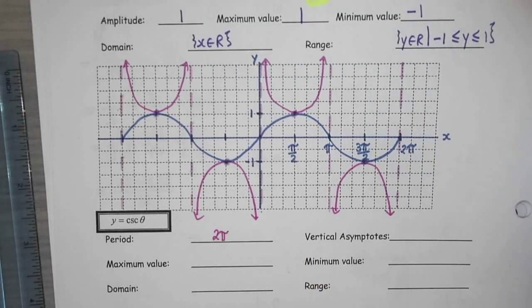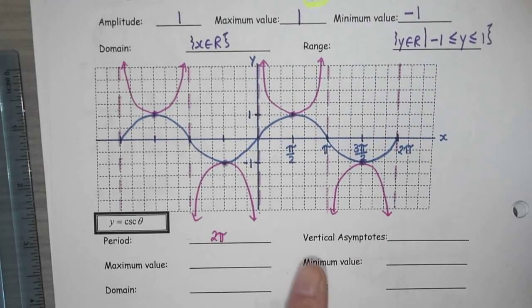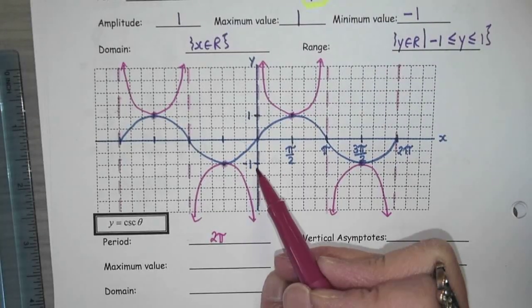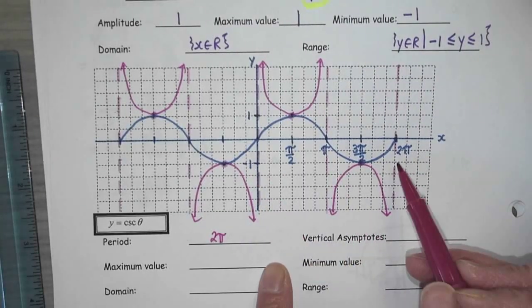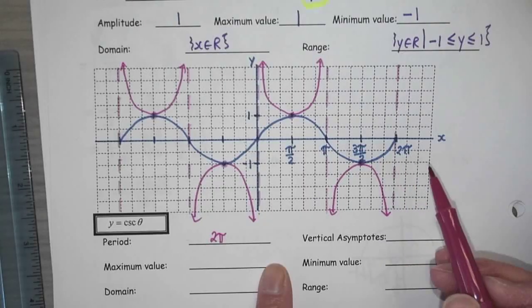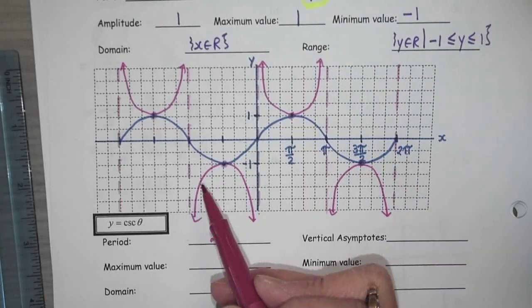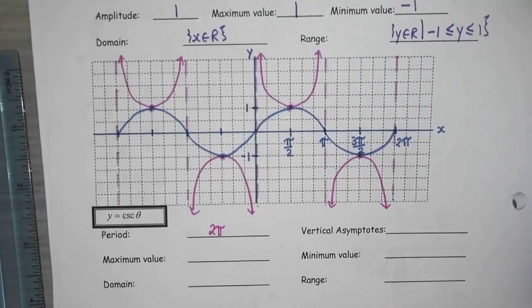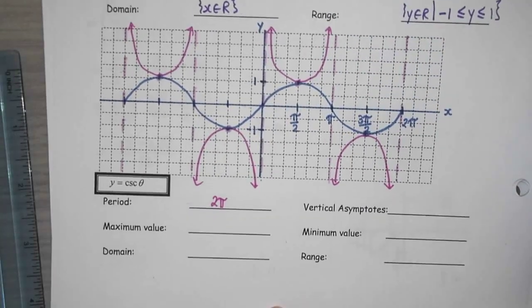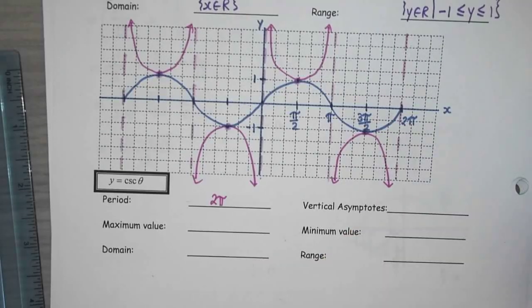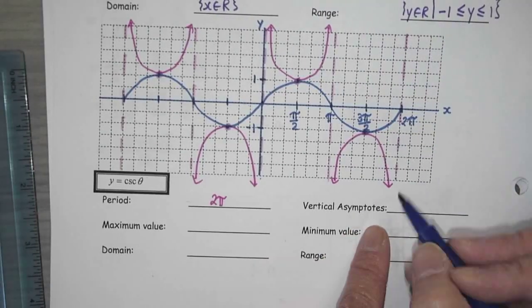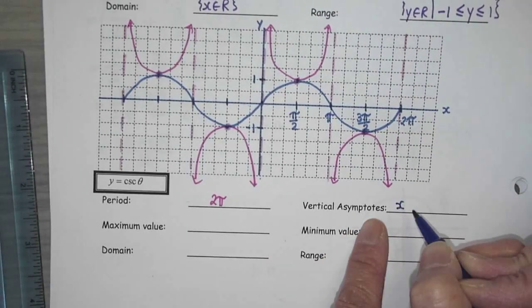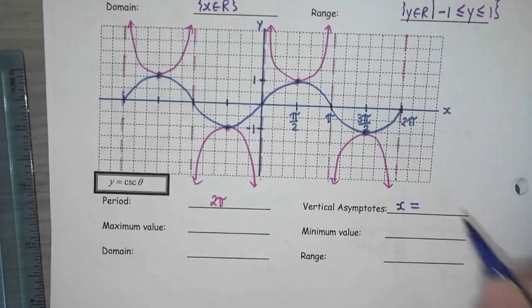Okay. Vertical asymptotes, where do I find them? I find the vertical asymptote at 0, pi, 2 pi. What would it be next? 3 pi, 4 pi. You see the pattern? Negative pi, so it's every pi. So how do you say every pi without writing the words every pi? It's an equation, so you're going to go x equals, it's a vertical, right?